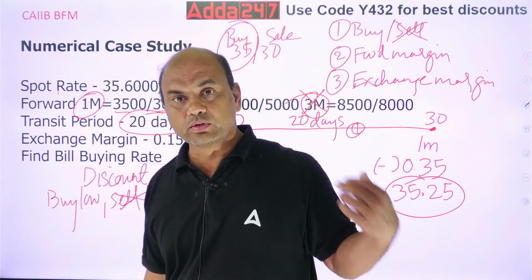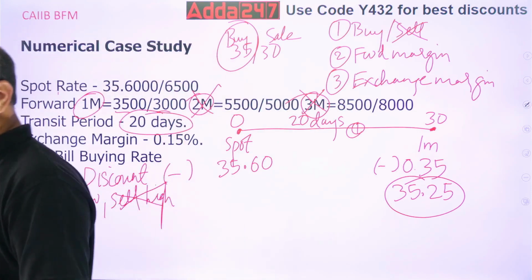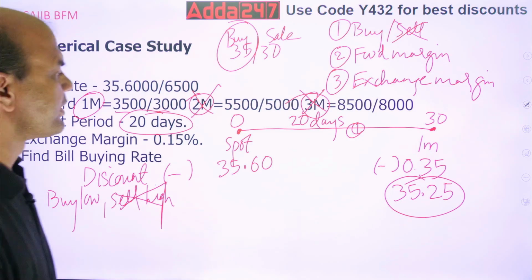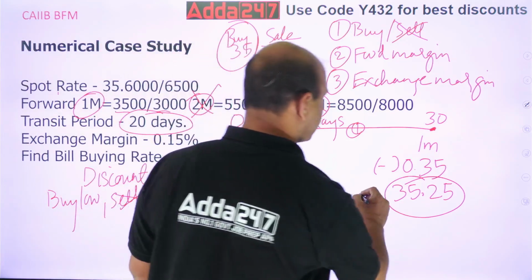Which is the lower rate over here? 35.60 or 35.25? It is 35.25. So this rate I will take.